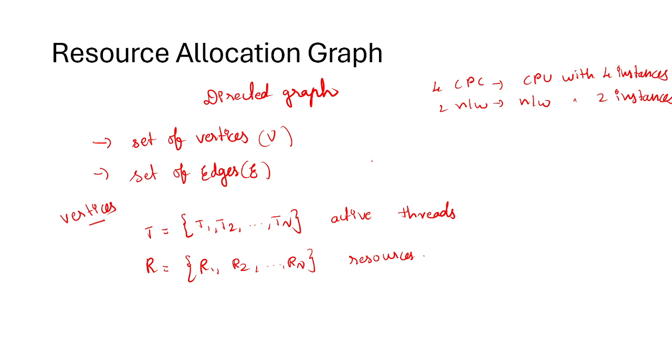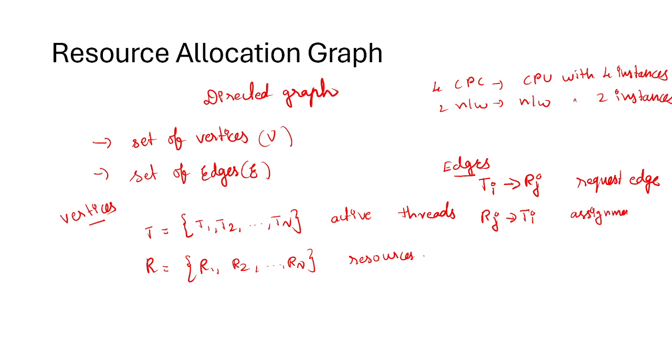Then edges. The thread Ti requesting resource Rj is called a request edge. Now consider this: the resource Rj has been allocated to the thread Ti. This is called an assignment edge.